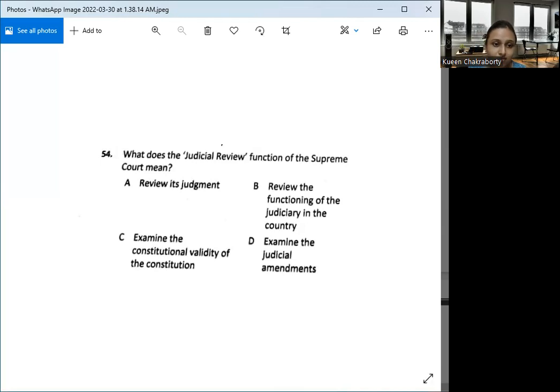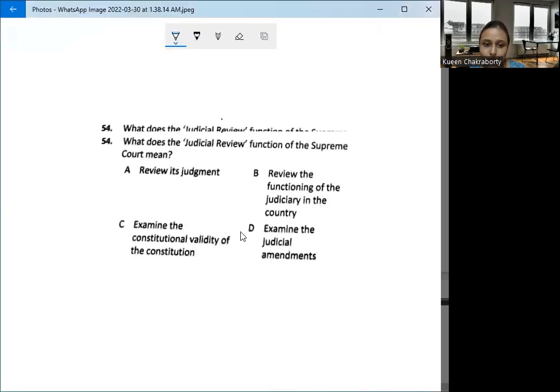We have four options here, A, B, C, and D. What does the judicial review function of the Supreme Court mean? Doesn't it mean to examine the judicial amendments? That's option number D. Now, why it's option D, we'll come to the discussion. See, the judicial review function of the Supreme Court, what does it mean?